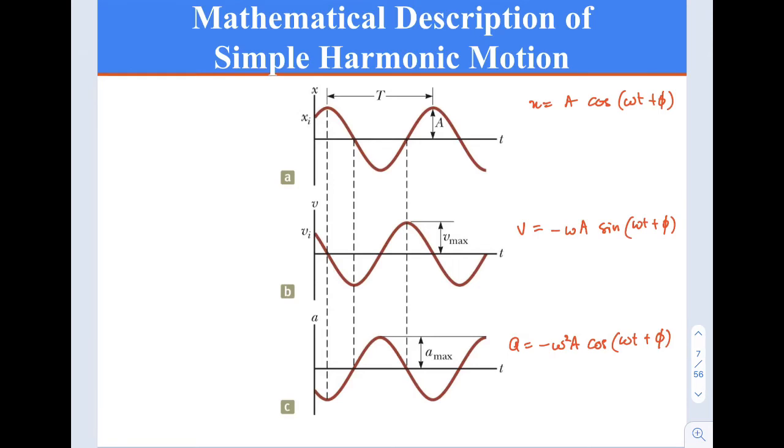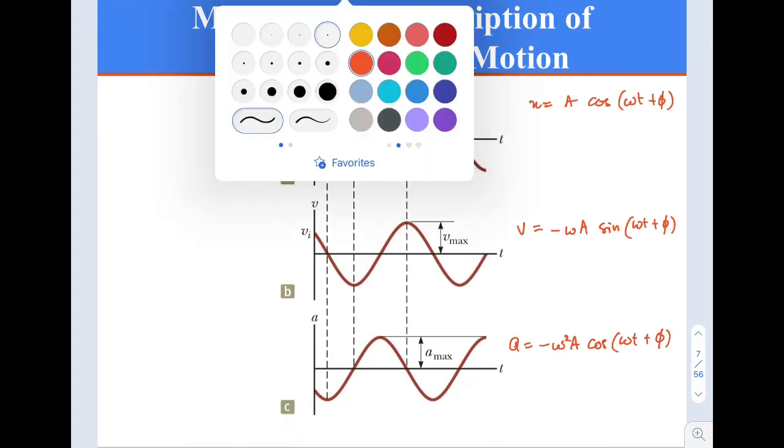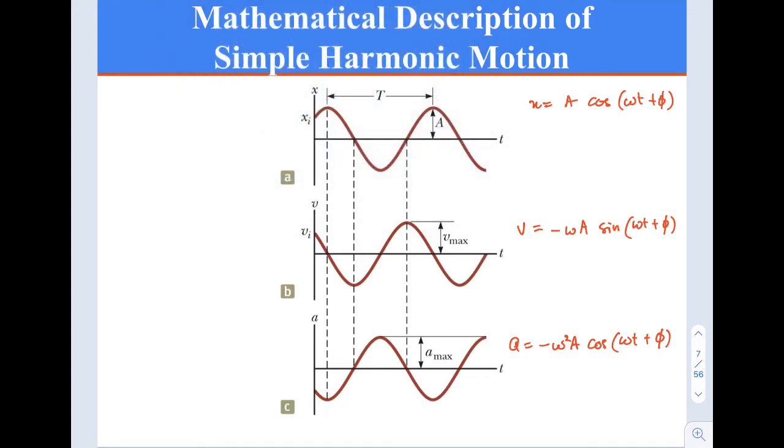Okay, so according to this graph, where is the x maximum? x maximum is here, right? It's positive here, and this is negative. So the amplitude is the x maximum.